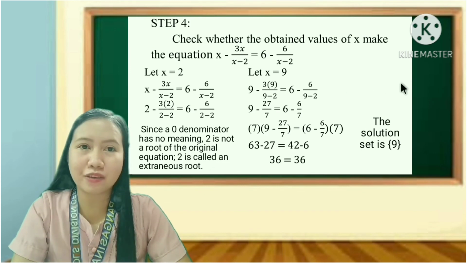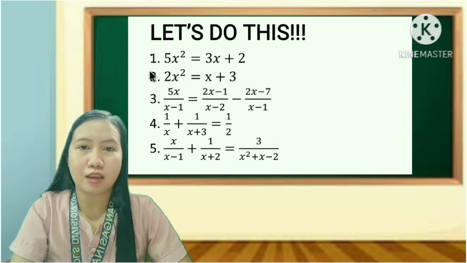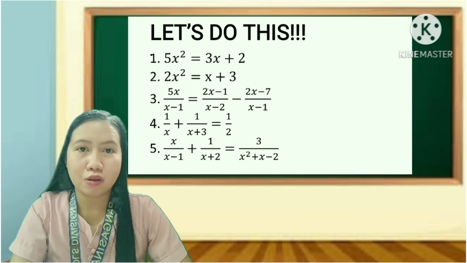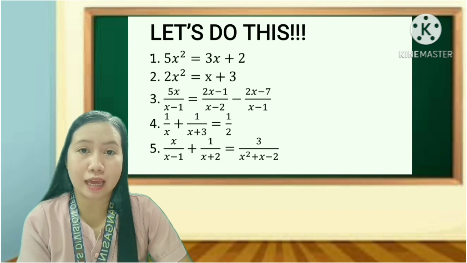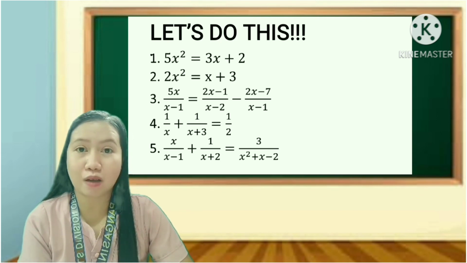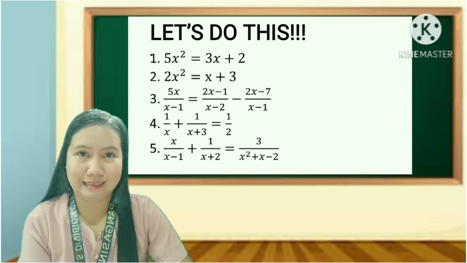So for your activity, let's do this on a notebook or any piece of paper for your practice. And after I read your activity for today, pause this at the count of 3, then play it again after 20 minutes.